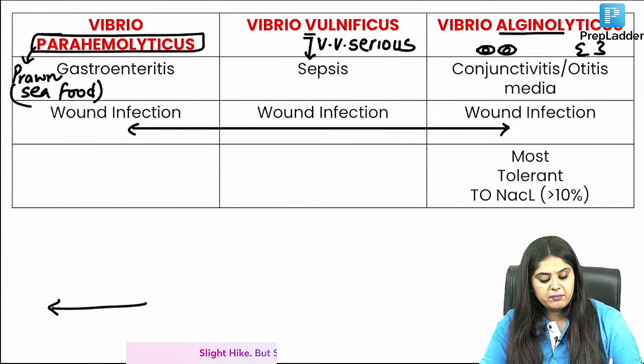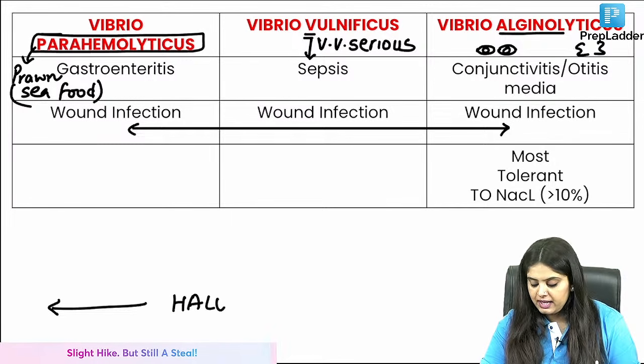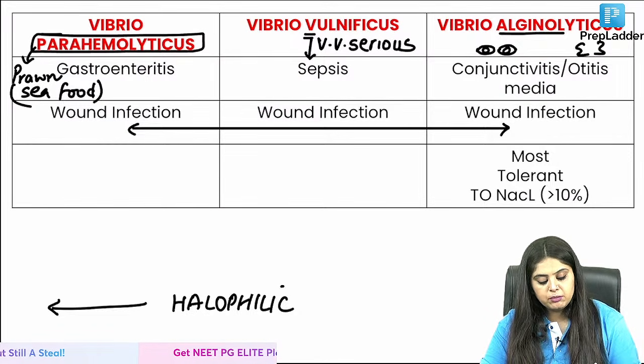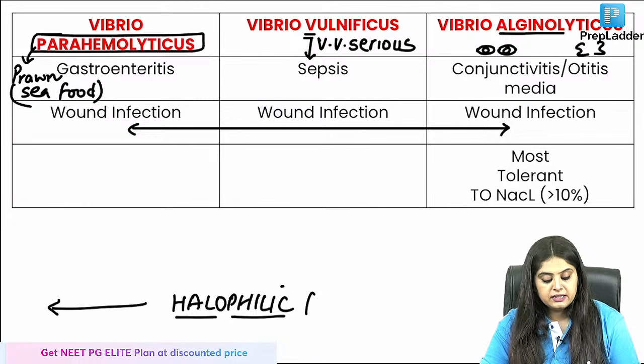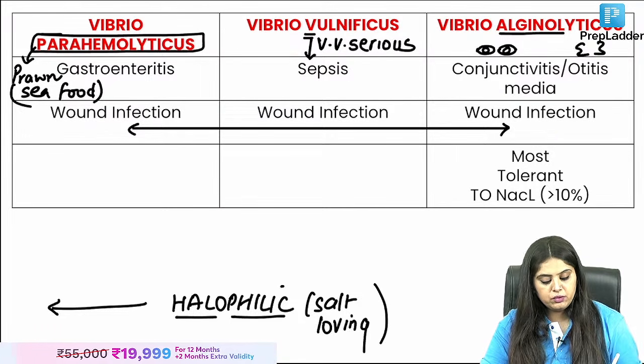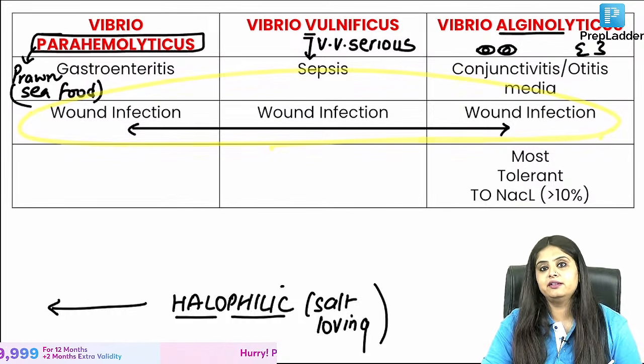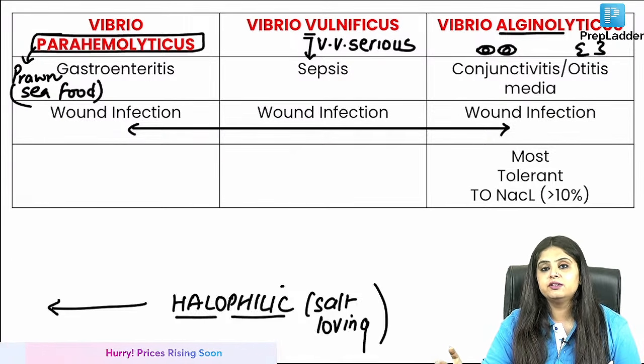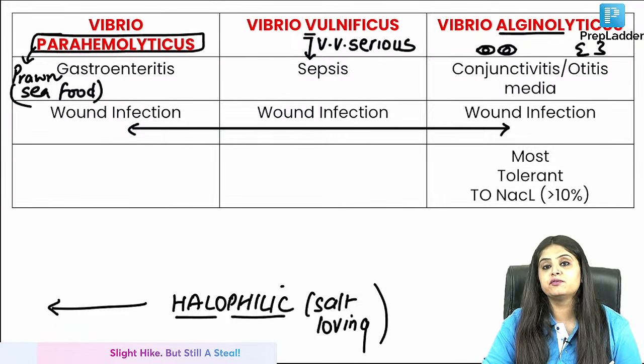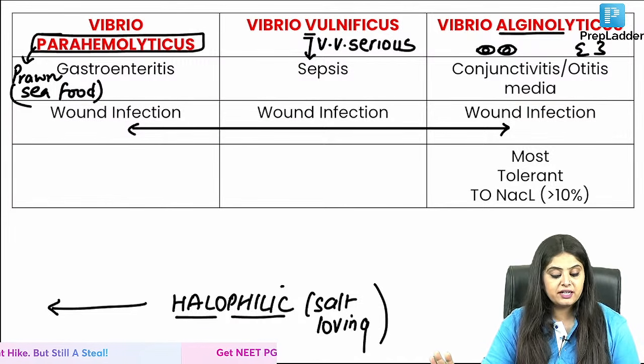Because all three of them are said to be halophilic. What do you mean by halophilic? Halophilic means halo, salt, philic, loving. They are salt loving organisms. So we have a very simple kind of rule. Jale pe namak chhidakna, sprinkling salt on a burn. So on any wound you have to sprinkle salt. Sorry, very bad English translation for you guys, but let's keep it to that.